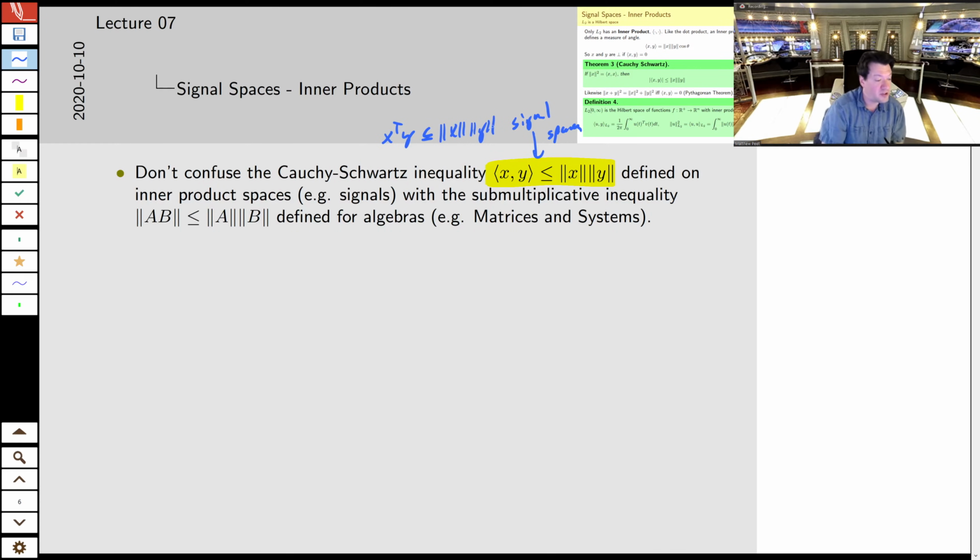We haven't, however, talked about matrices. Matrices don't have the same property because, well, there is an inner product on matrix spaces, but we're not going to talk about it very much. It's called the Frobenius norm. But matrices don't really have that same inner product structure, and by consequence, systems also don't have that same inner product structure.